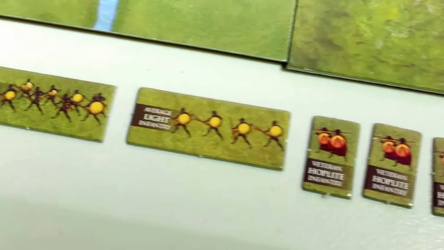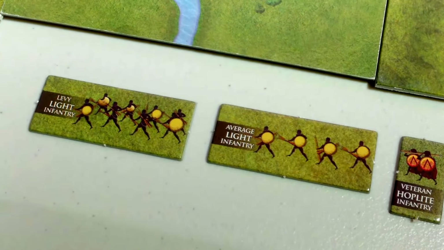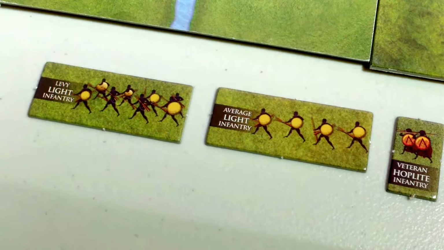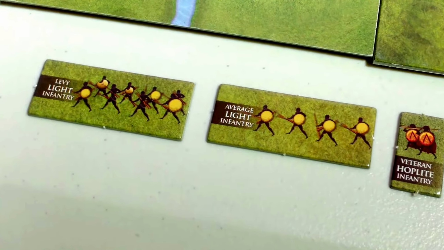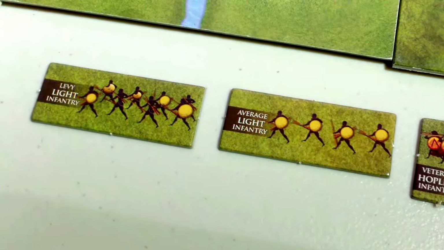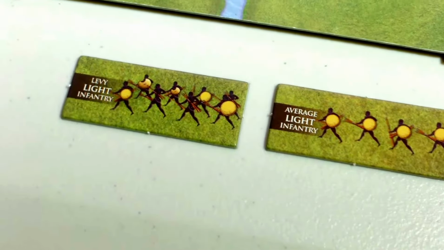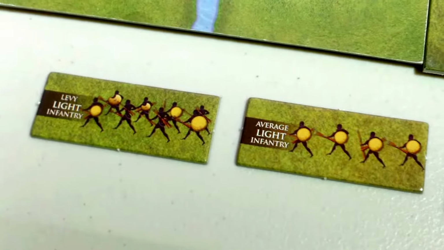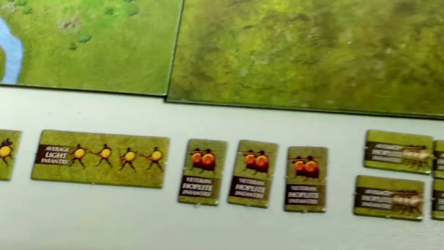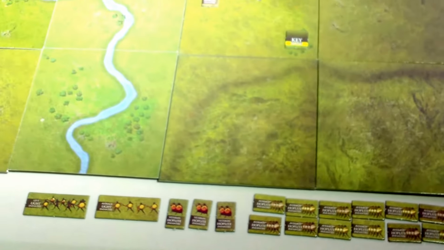And to the left of this undeployed lot, we've got some average levy archers and some levy light infantry. Sorry, what am I saying? Average light infantry and levy light infantry. I'm reading from the book here. So they have a fighting value, the Greeks, of 67.